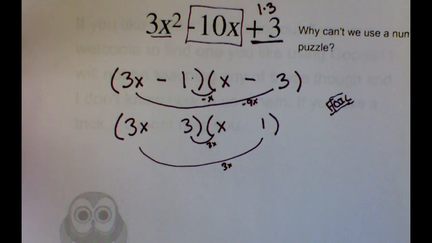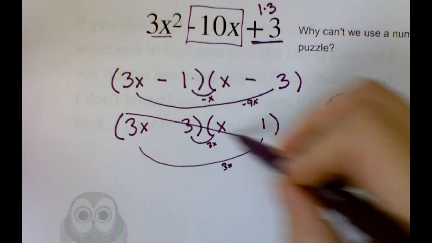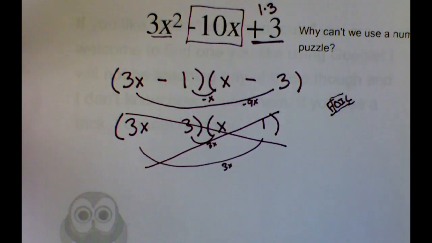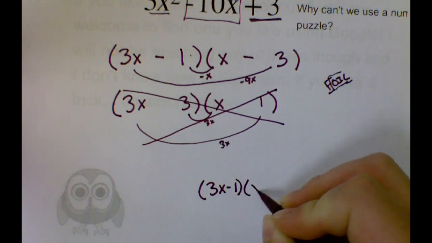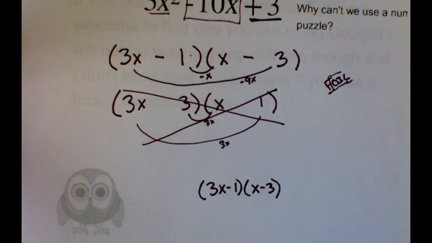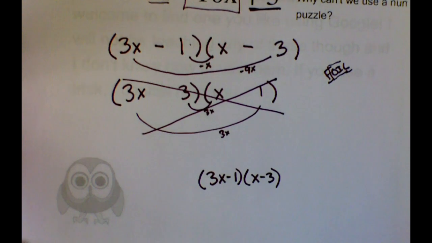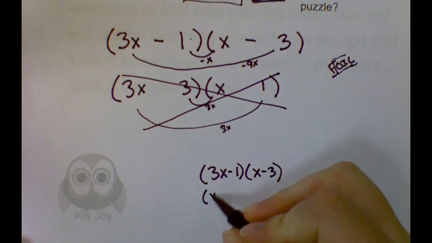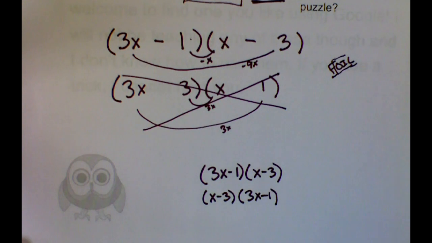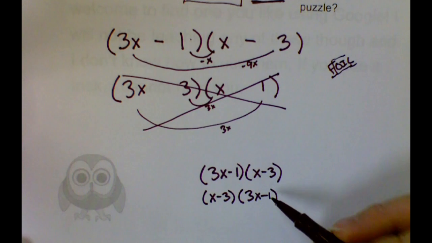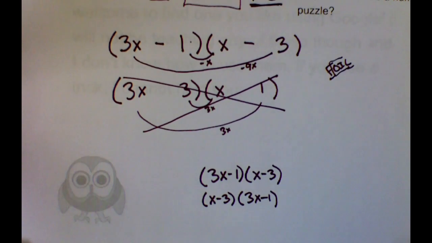There's no way for me to get a 10x out of that, so that is not correct. My final answer is 3x minus 1 times x minus 3. I can FOIL it out to double check. Remember, you could also have x minus 3 times 3x minus 1, but you cannot flip-flop where the 1 goes with the 3 or the 1, all right?